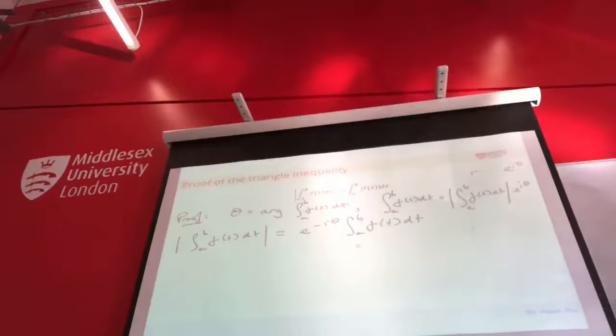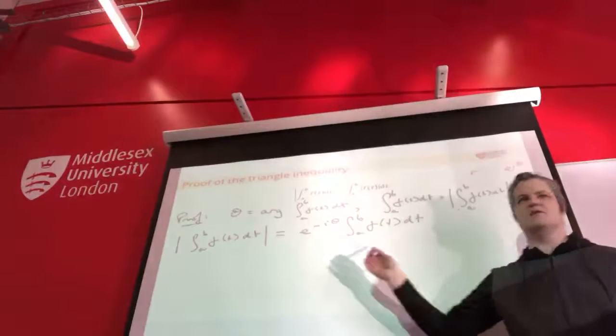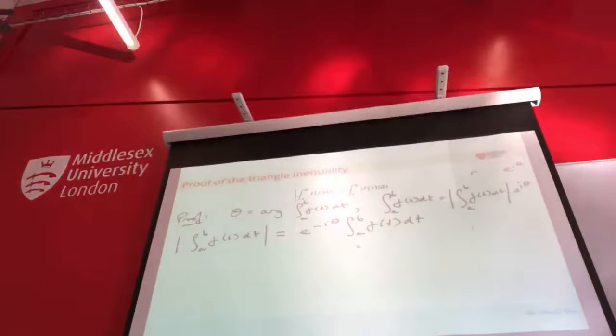Now, on the left hand side I've got a real number, so on the right hand side I must also have a real number. So if I take the real part, I should get the same thing, because this is a real number. The real part of a real number is the number.